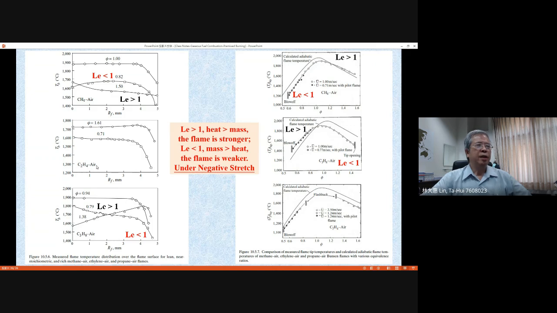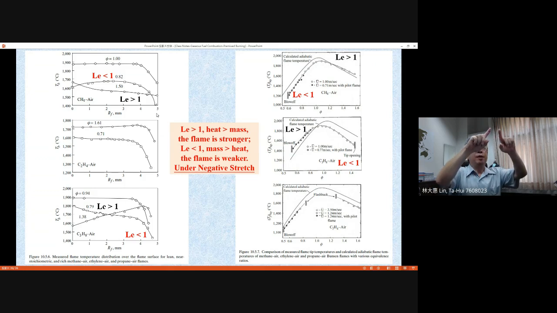In a sense, the so-called Lewis number always equals 1, whether you choose the lean case or the rich case. Now, you can see they do the measurement along the flame surface. The capital RF represents the position of your measurement point. You start from the base of your Bunsen flame and continue to measure, so your RF is continuously reduced.